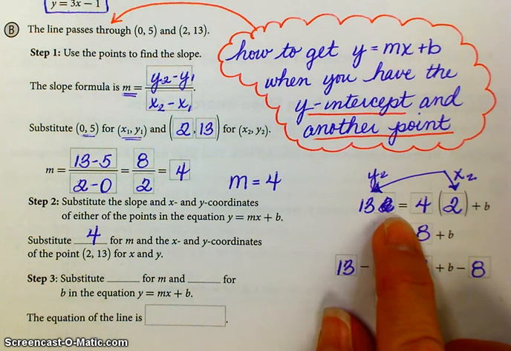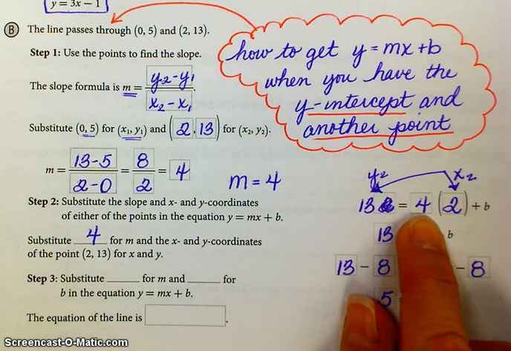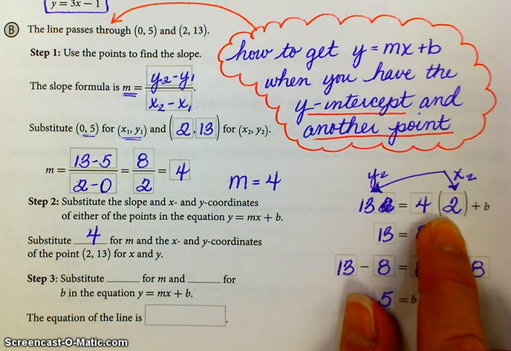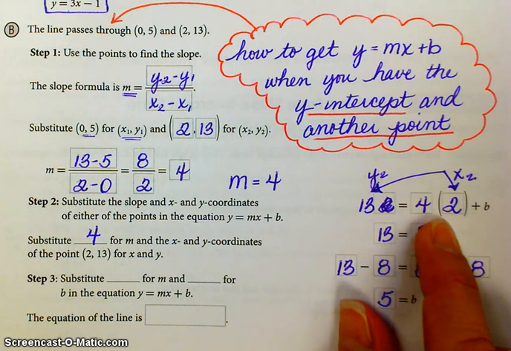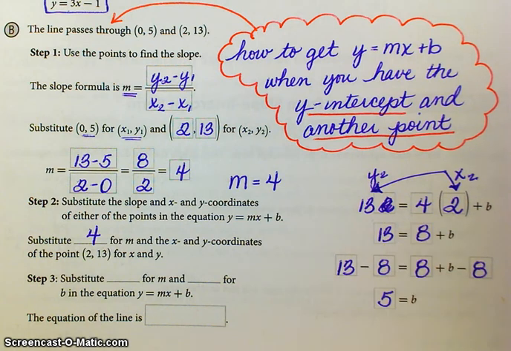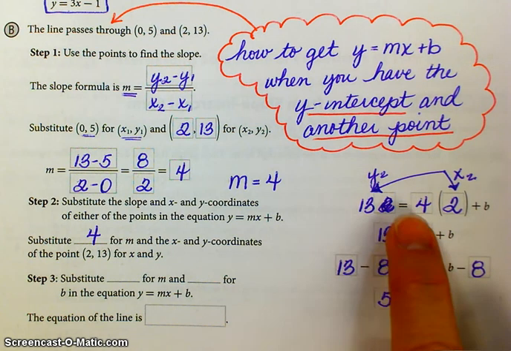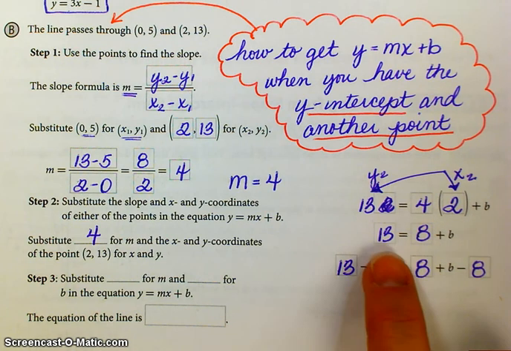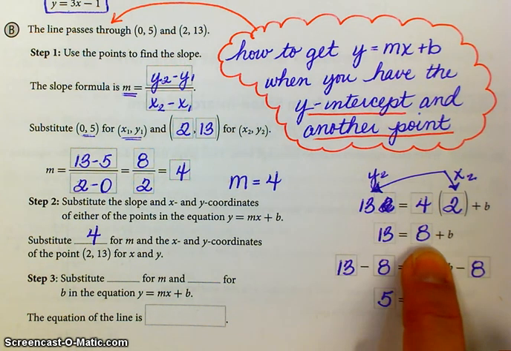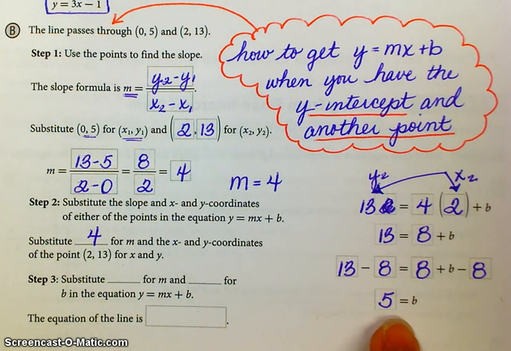The y value equals the slope, which we determined to be 4, times the x value that gets paired up with that y value, which is 2, because our second point was 2, 13. So y equals mx plus b: 13 equals 8 plus b, do a little math, and b is equal to 5.